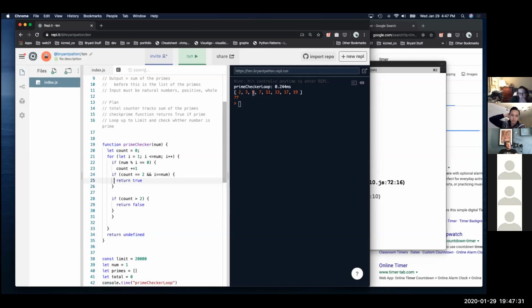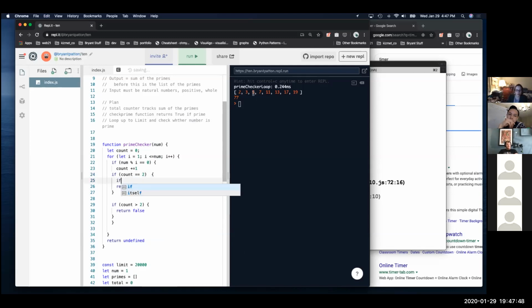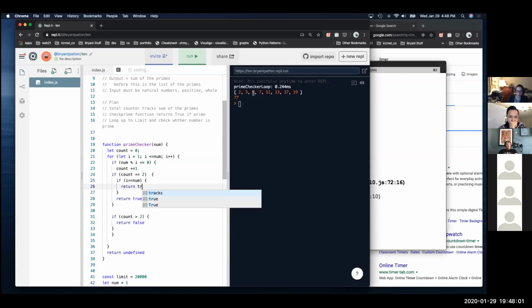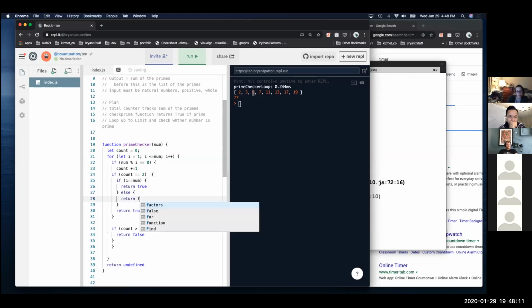Like, this could be: if count is 2, and then in here, if i equals number, return true, else return false, and we'll get rid of this down here. You'll have to erase line 30, I think. Yeah.